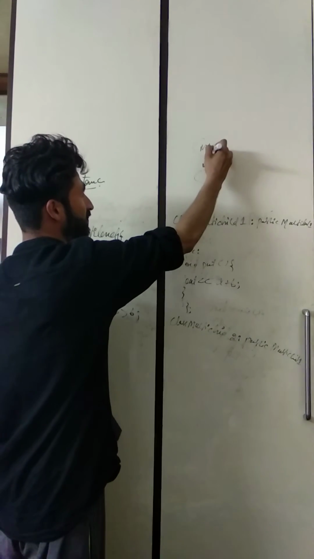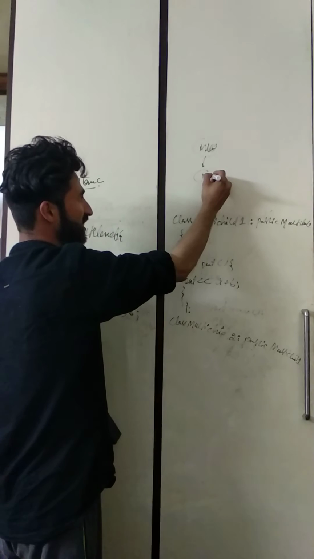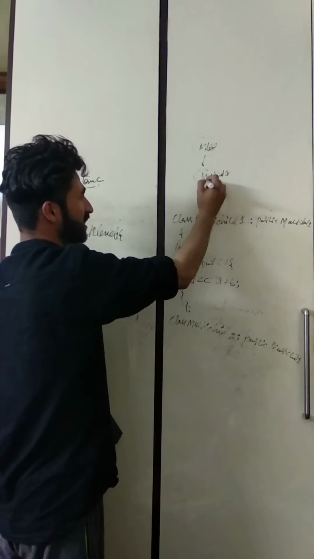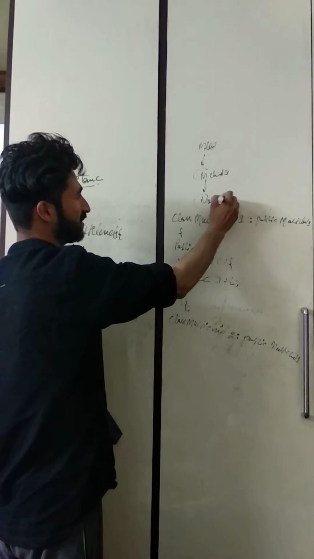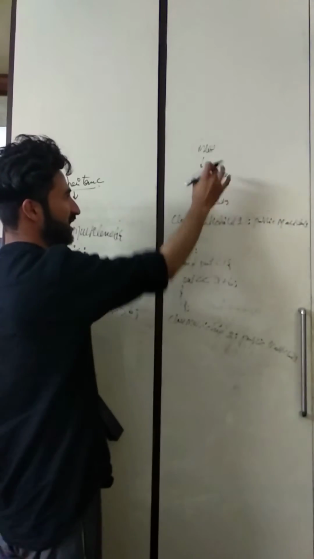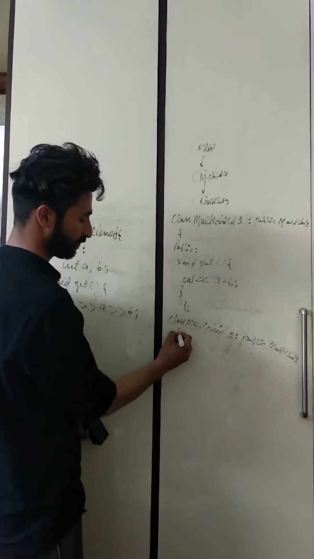I am creating first child of this multi-level class as multi-child 1, and second child for this is multi-child 2. Multi-child 2 is inherited from multi-child 1.